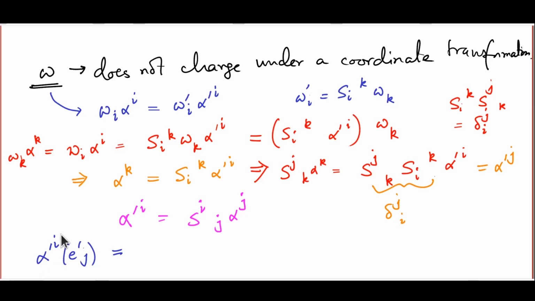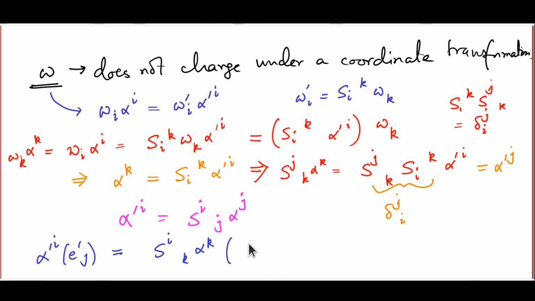Now alpha prime I, as we have just said, has to be Si k alpha k. The same relation as this one, except that we have been careful enough to change the dummy index from this j. This j is a free index, so I should not confuse the dummy index with that.